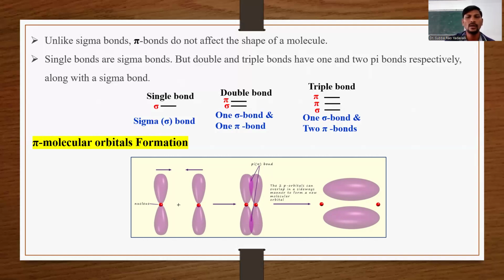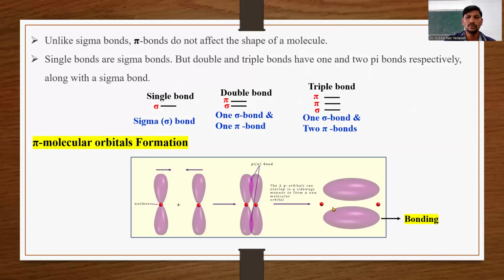If two atomic orbitals are combined with each other, they form two molecular orbitals. If four atomic orbitals are combined with each other, they form four molecular orbitals. This is the formation of pi bond.